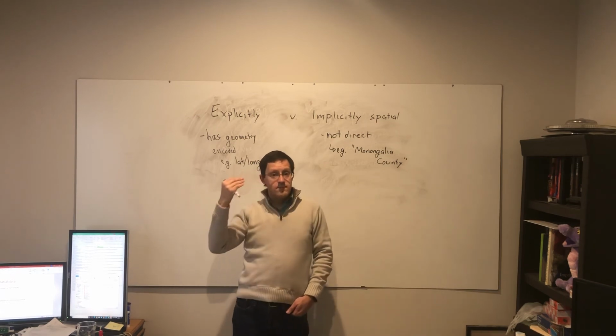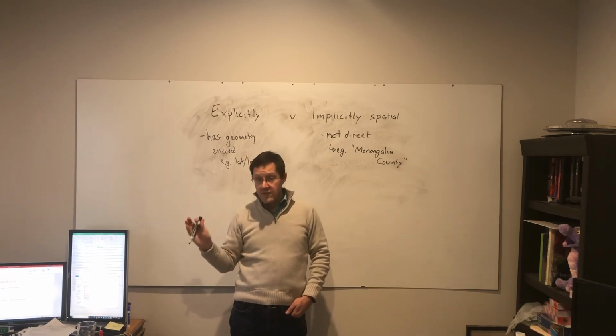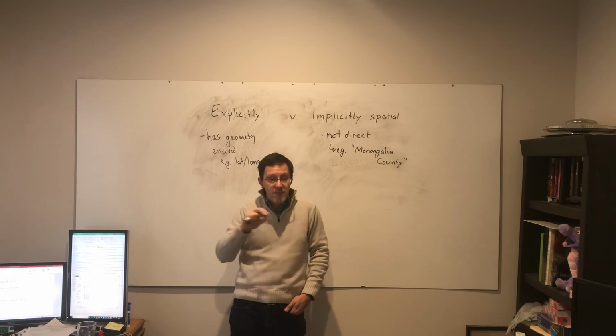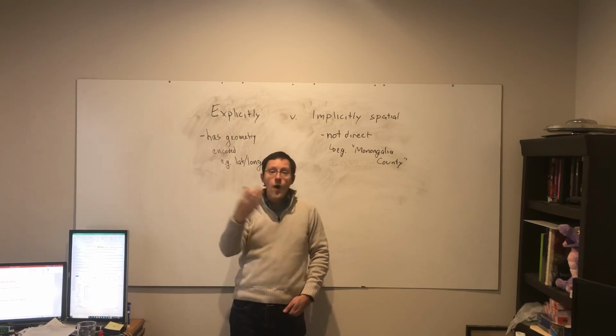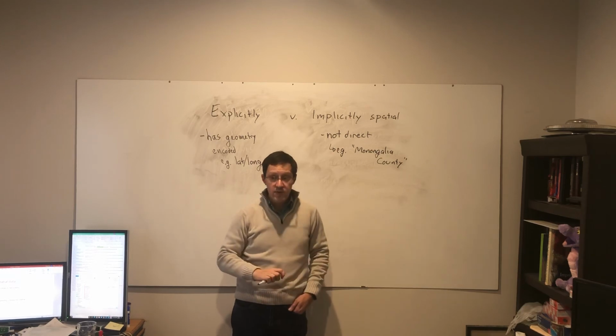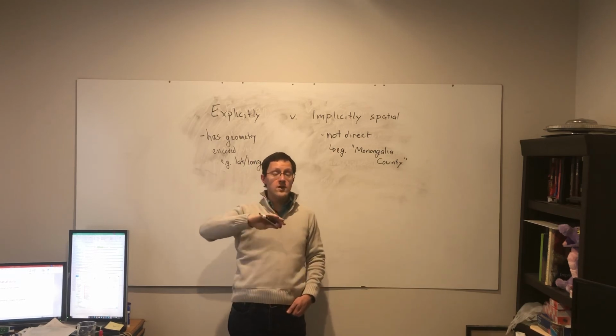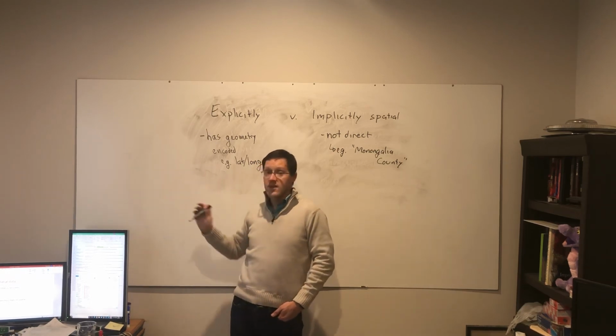So the data set that you download off the Census Bureau might say it's Monongalia County. That tells you where that data is associated with, even though there is no geometry directly in that data set.